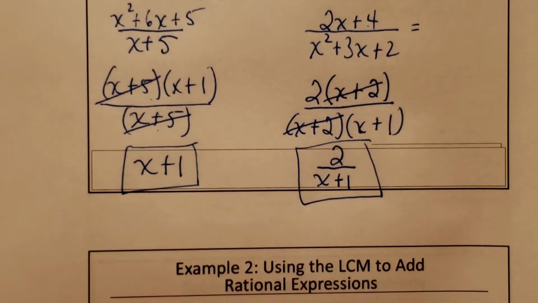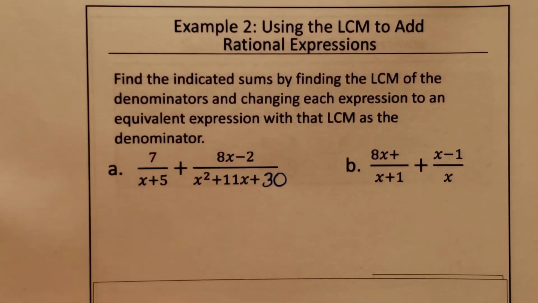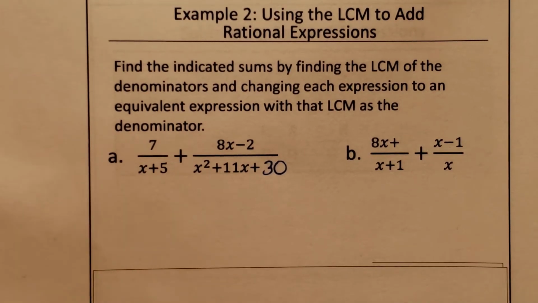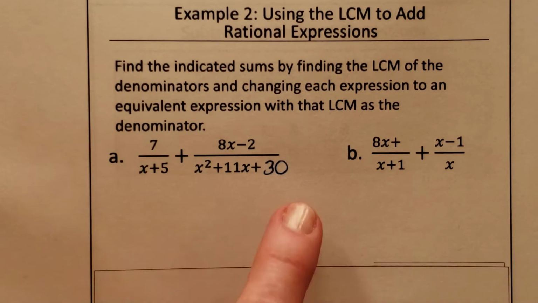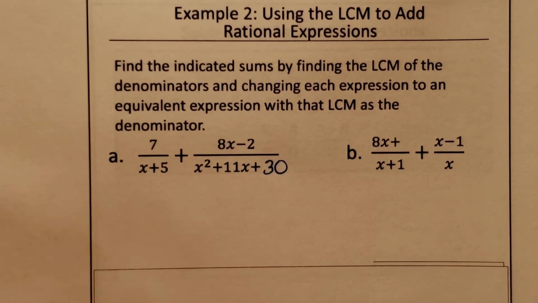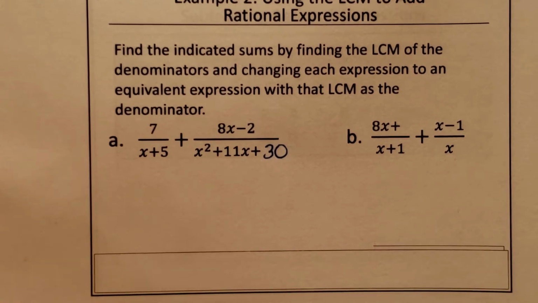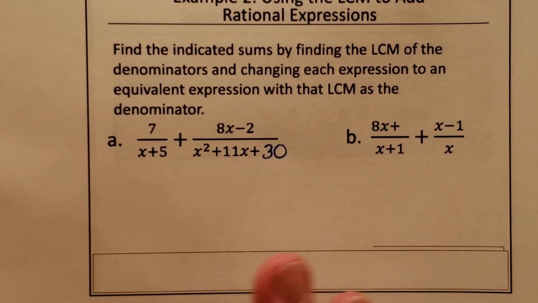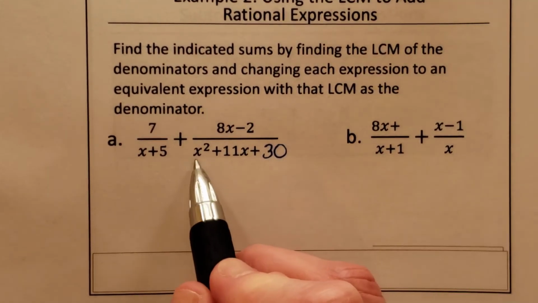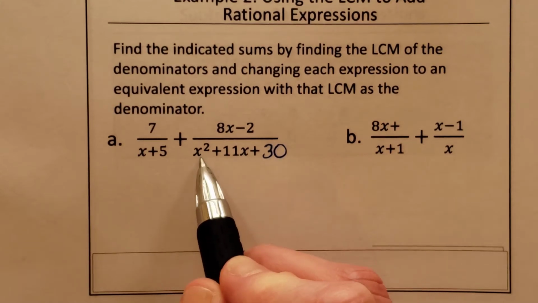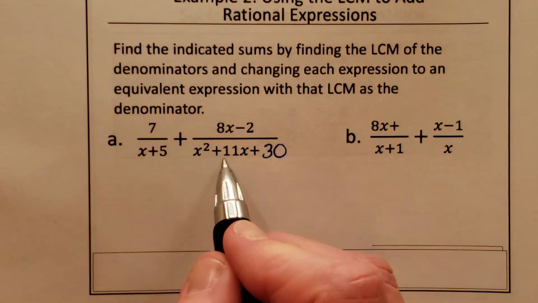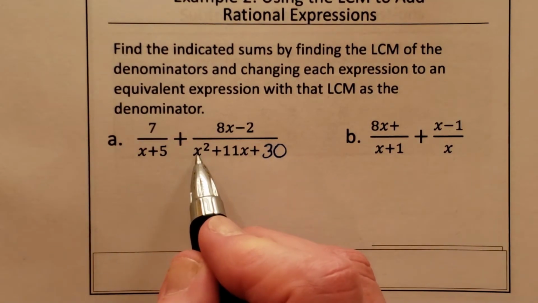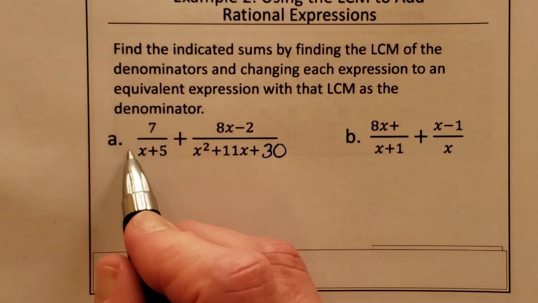If I don't have common denominators, I'm going to have to find common denominators. That takes me to letter A and B. I don't know why my 30 didn't print, but I wrote it. On these, the hint is that usually when you are given a trinomial and a binomial, if I factor this, one of my factors is going to be x plus 5.